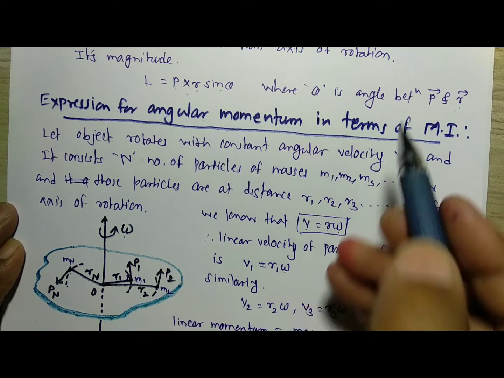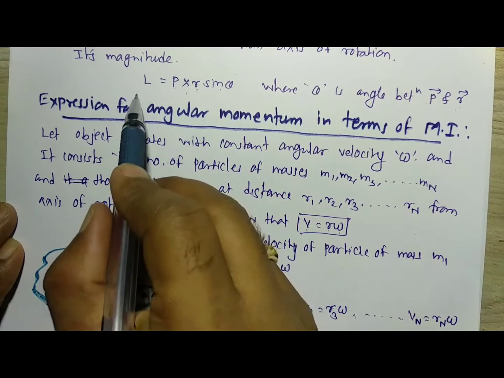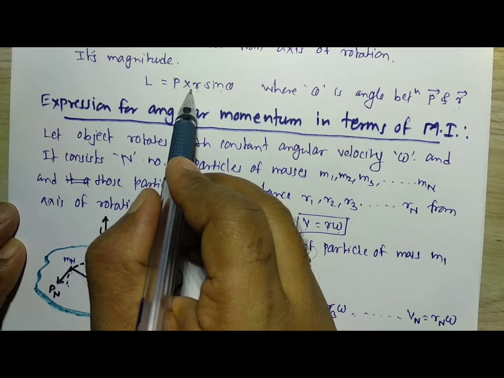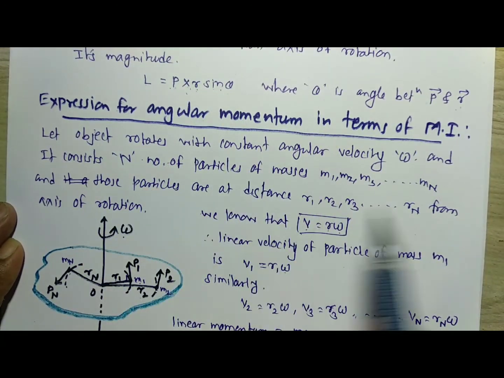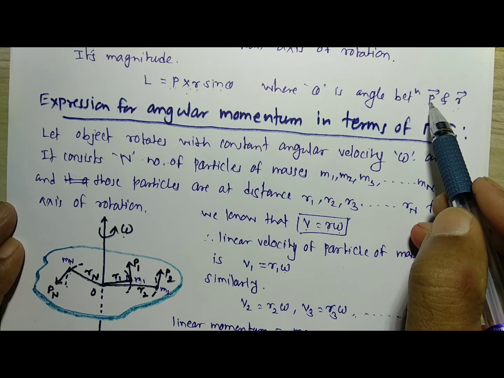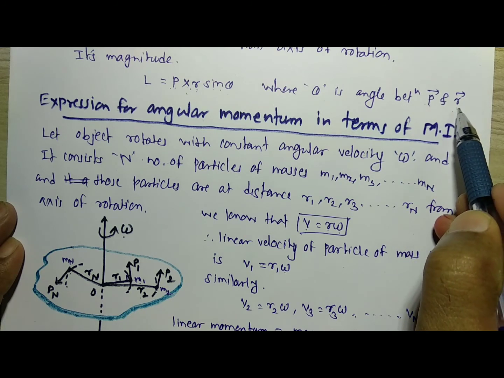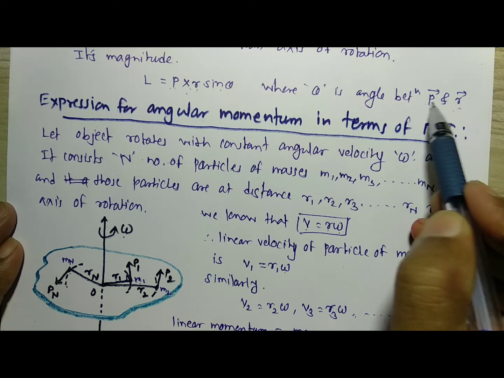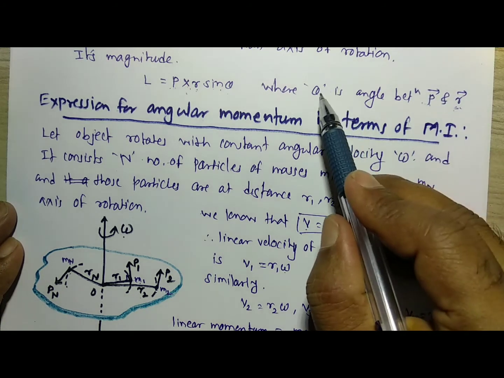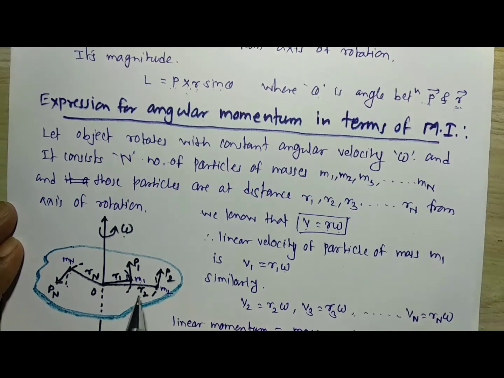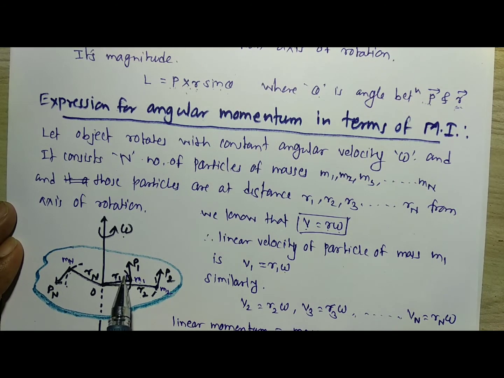Theta is equal to 90 degrees, then sine theta is equal to 1, and therefore you will get L is equal to P into R.